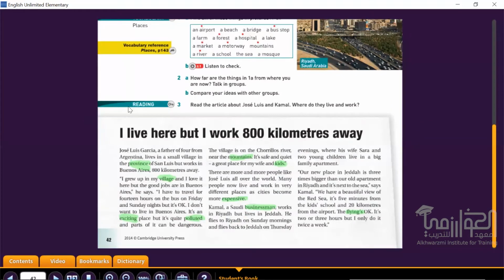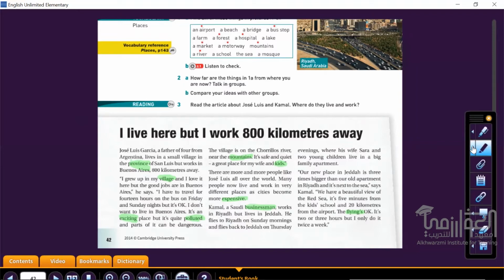Let's move to reading. And we have here, read the article about Jose Luis and Kamal. Where do they live and work? Read the article. Article is maqal. So iqra maqal.